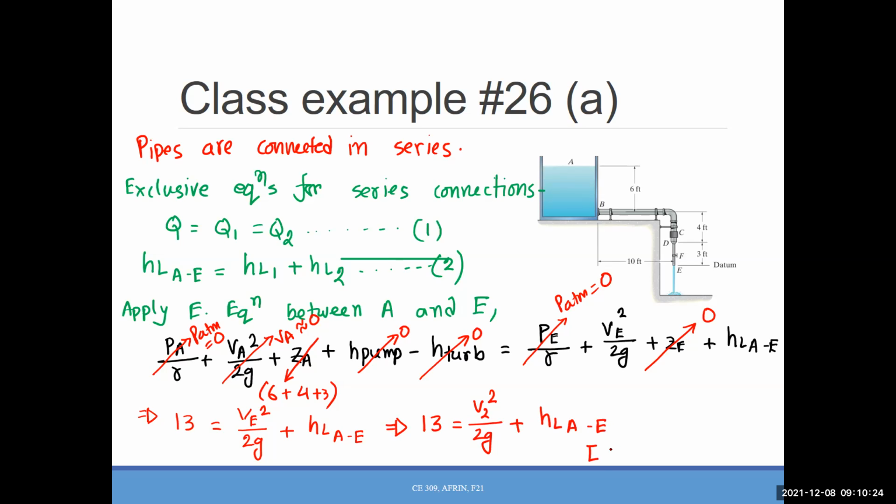Here, because VE equals V2. Okay. That's why instead of VE square, I will write down V2. And I will name that equation as equation number 3.